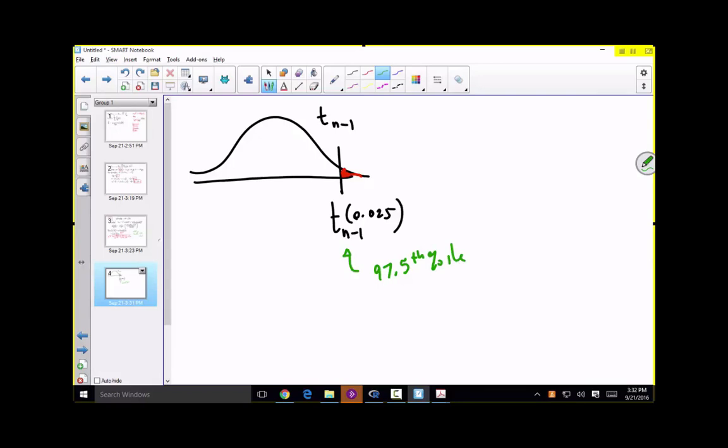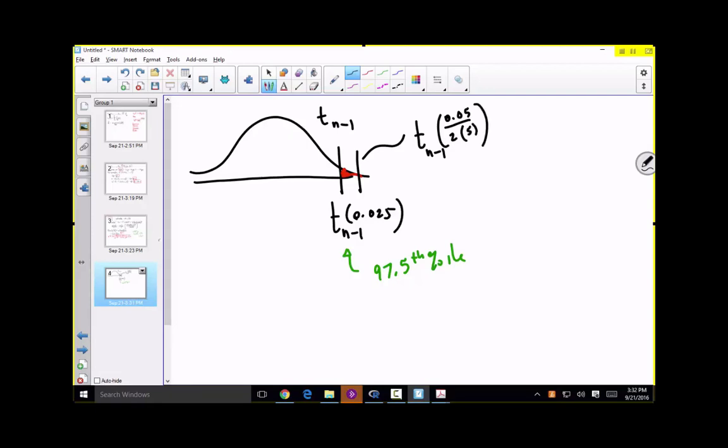But if we're going to make, say, 5 comparisons, suppose we have 5-variate data, and I want separate confidence intervals for every component, then instead of t_{n-1}(0.025), we're going to have to go out further to t_{n-1}(0.05 divided by 2 times 5).